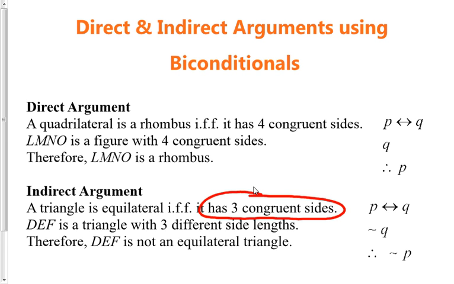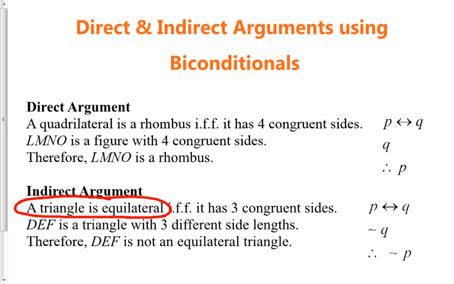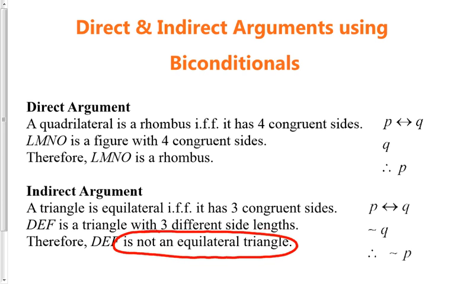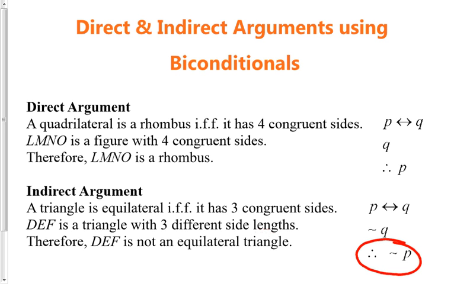So if triangle DEF has 3 different sides, that's the negation of Q. Therefore, DEF is not an equilateral triangle. Well, remember that statement P said a triangle is equilateral. Here we see the DEF is not an equilateral triangle. So our final statement is written as therefore not P. So this is an example of the indirect argument using a biconditional statement.